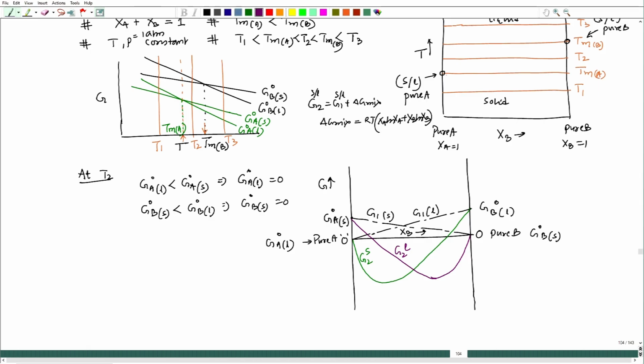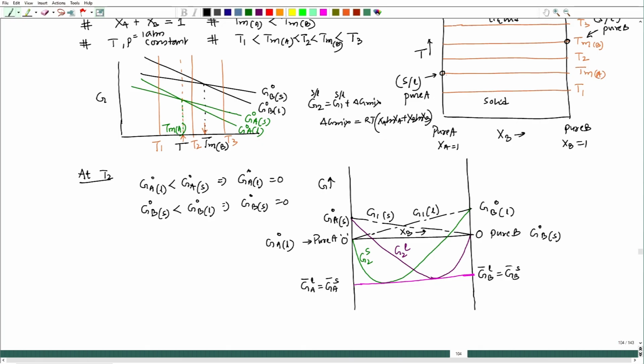So, that common tangent needs to be drawn, and it will pass through like this. Okay. This is the common tangent, and if I extend it, you will see that here G A bar liquid equals G A bar solid, and here G B bar liquid equals G B bar solid.